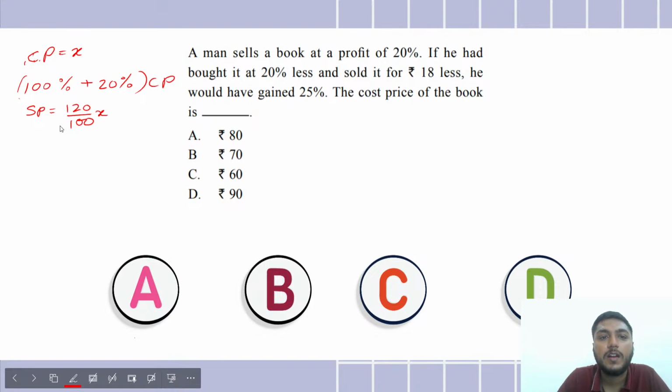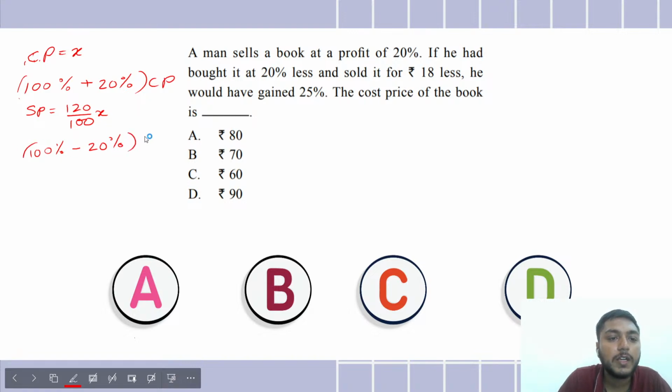120 by 100x. And now, if he had bought it for 20% less, so now this percentage would become 100% minus 20% of what?